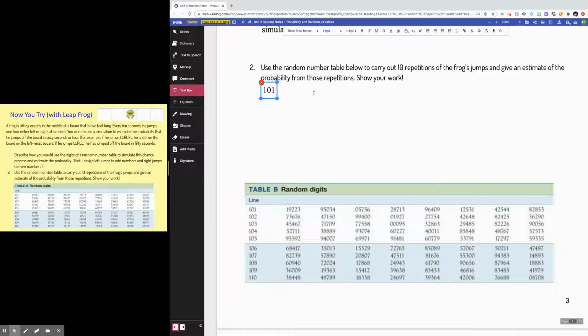I'm going to start with line 101, and I'm going to draw a little line here.